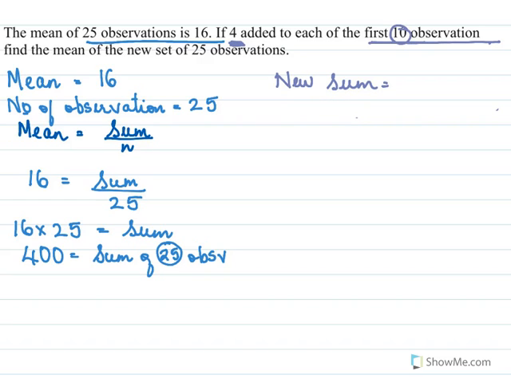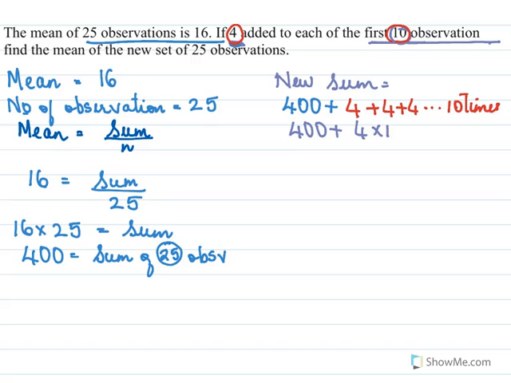They've said they're adding this 4 only to 10 observations. So they will add plus 4, plus 4, plus 4, 10 times. So for the new sum, it will be 400 plus 4 into 10. So 400 plus 40, that is 440 is the new sum.